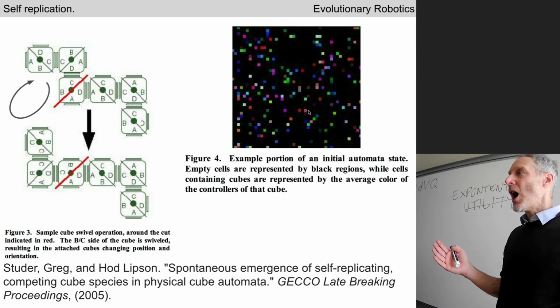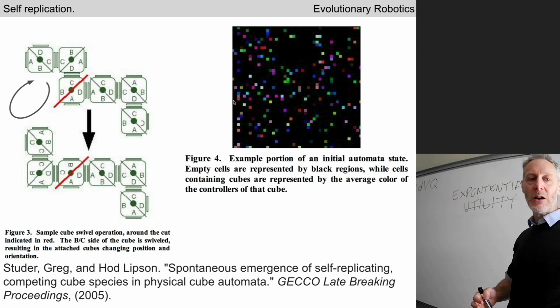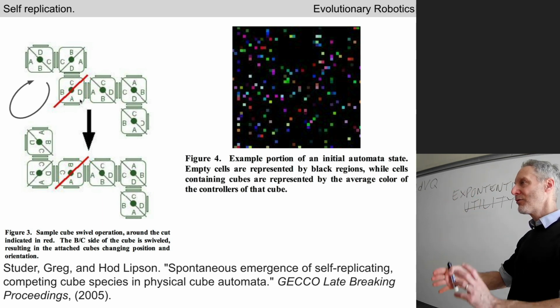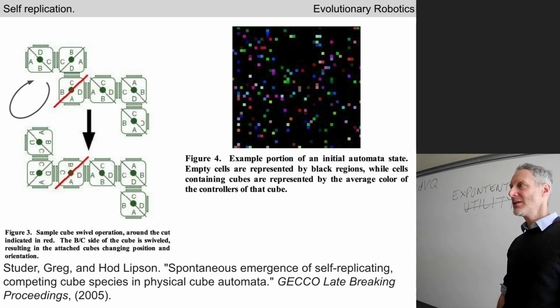You'll notice there's a lot more than 4 colors, so probably not that. It could have been the orientation of the cube. It's a good guess. It's not that. What haven't I told you about yet? We don't know anything about the brain of the controller.